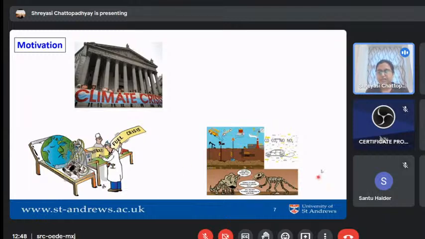This extensive use of fossil fuel is actually creating the world fuel crisis. And also, not only that, when we are using fossil fuel, like running cars or different kinds of vehicles, we are producing greenhouse gases like carbon monoxide, carbon dioxide, and nitrogen oxide in different forms. So those are basically polluting our environment.